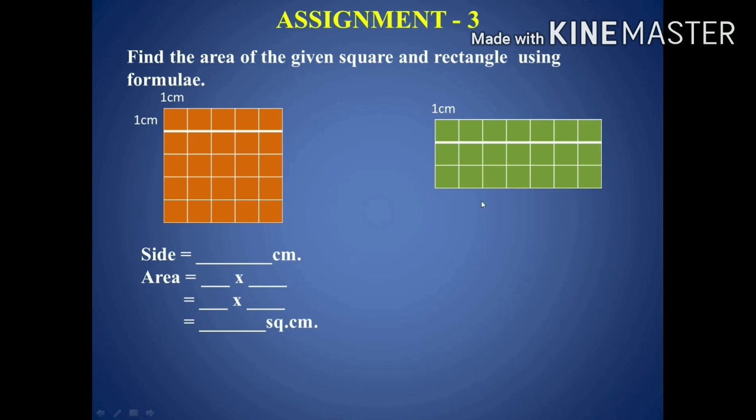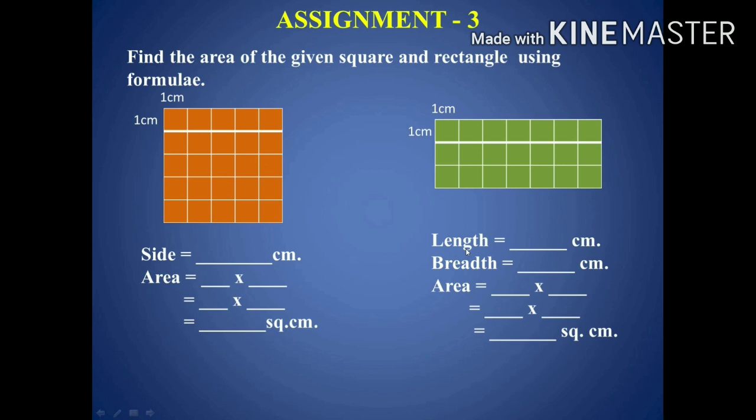Here is one rectangle which is having squares. The area of one square is 1 square centimeter. You have to find first length, then breadth, write the formula, then put the values of length and breadth, then calculate the area.